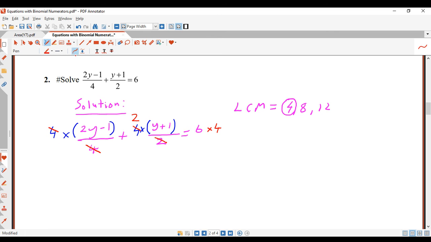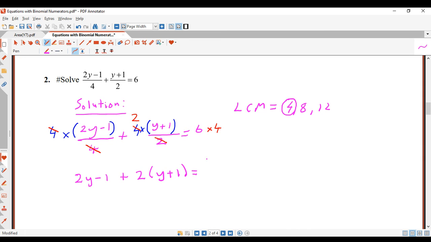Now, let's continue the question. So the 4s cancel, and no need for the brackets now because there's no number out the front of the bracket. So I'll just write 2y minus 1 plus 2 brackets y plus 1.